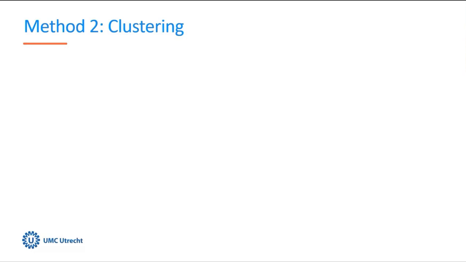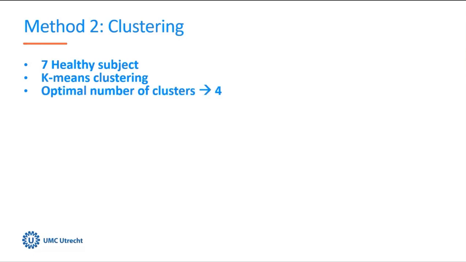So all these results at least triggered our interest, and therefore we decided to do a different method, which is a bit more established. I used the same subjects again, and I determined the optimal number of clusters using the sum of square distances for several numbers of clusters, which gives a range of clusters that was best represented.